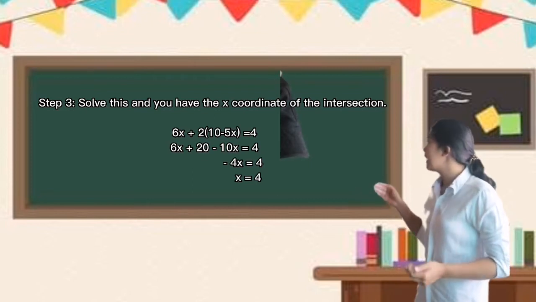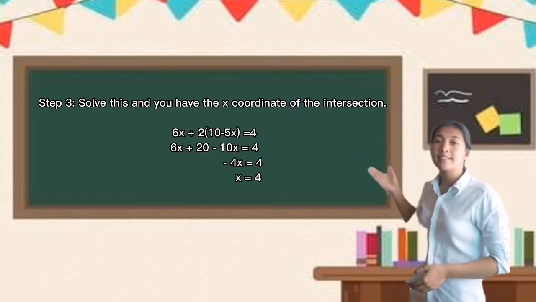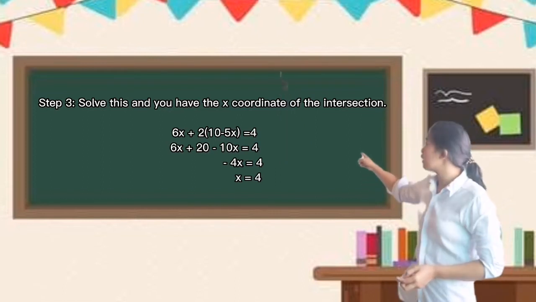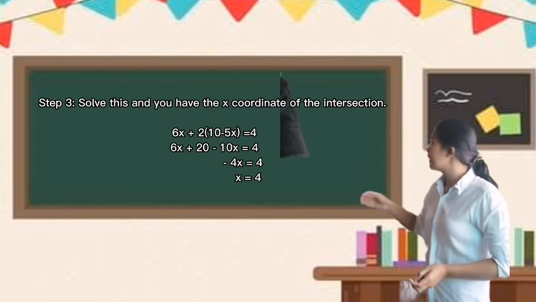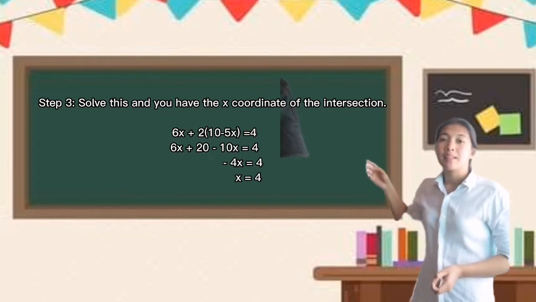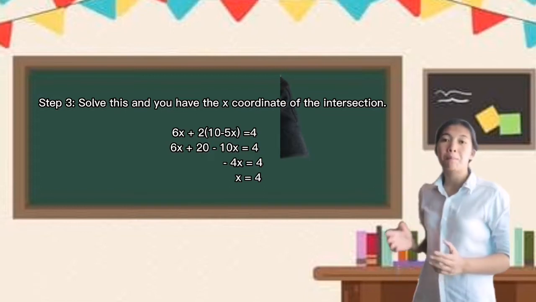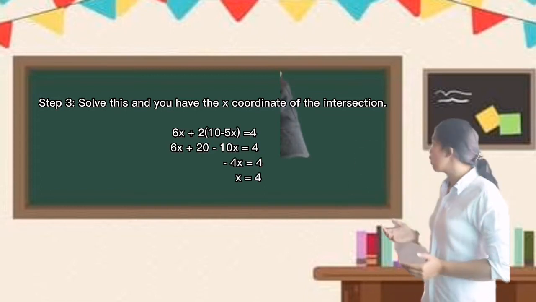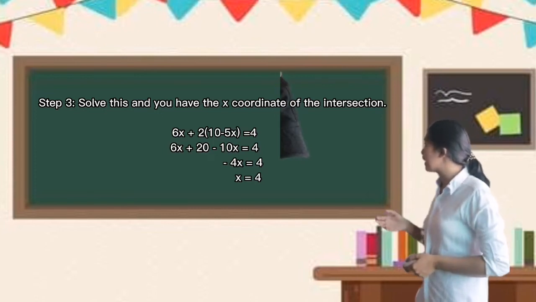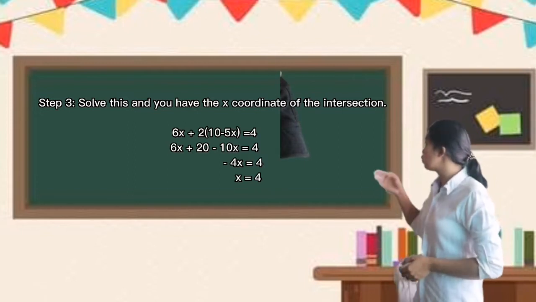Then, we need to get the answer. So therefore, we have 6x plus 20, because we need to multiply it. 2 times 10 equals 20. Then, 2 times 5x equals negative 10x is equal to 4. Then, combine like terms. So, transpose 20, so it will become 4 minus 20 is equal to negative 16.